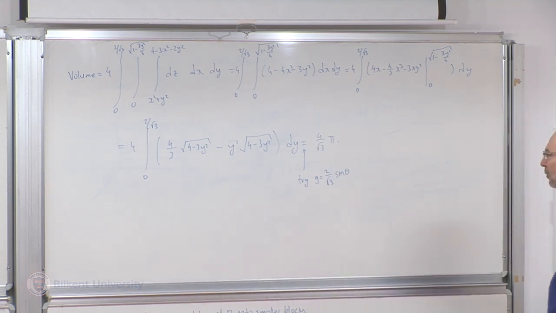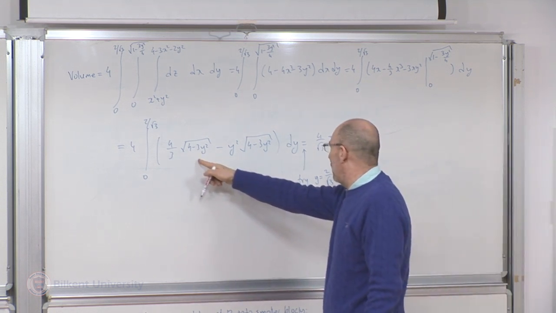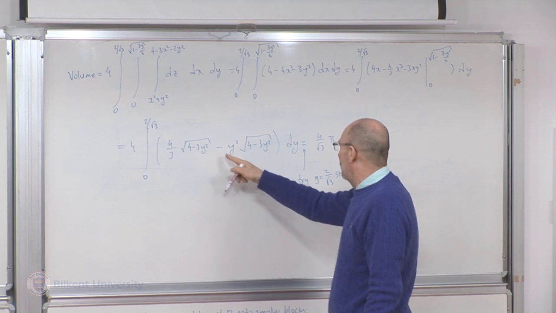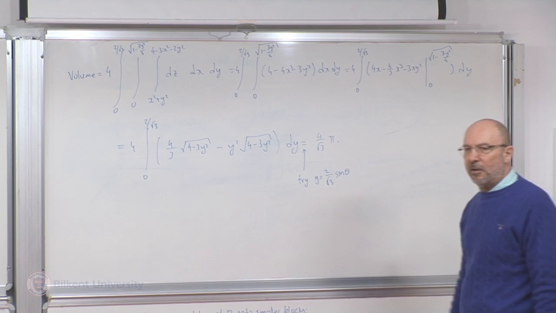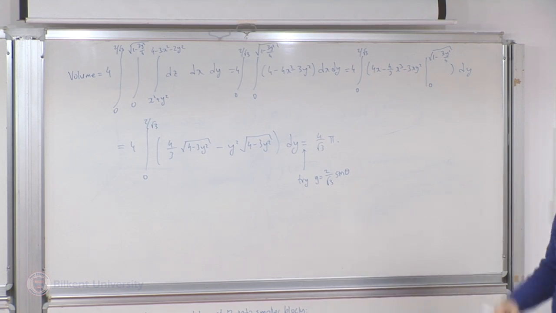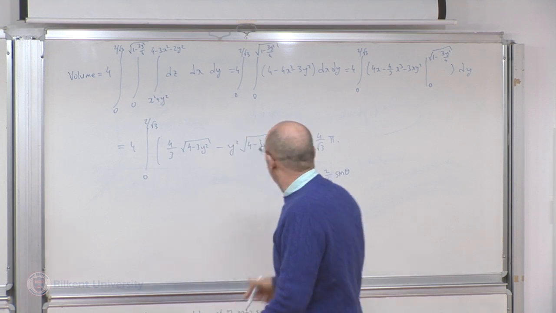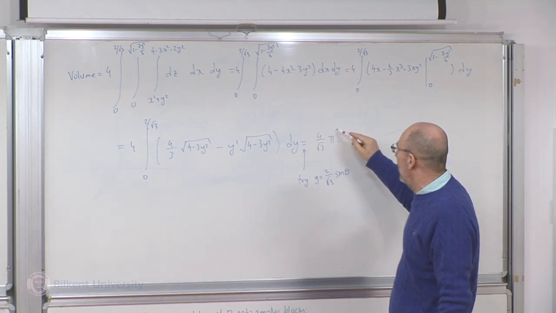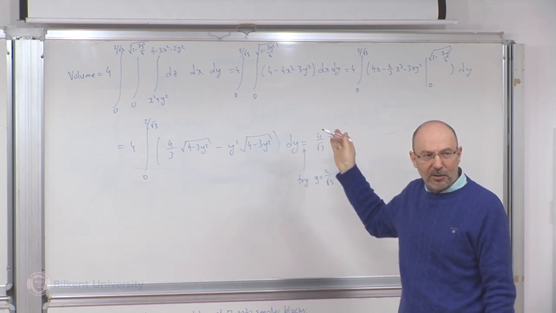Everything becomes trigonometric. Here you'll have sine, here cosine, here cosine, and here sine. So it looks easier, and there's a chance that you can integrate. That also explains why we had pi here: there's no pi in the problem, and in the answer there is pi.